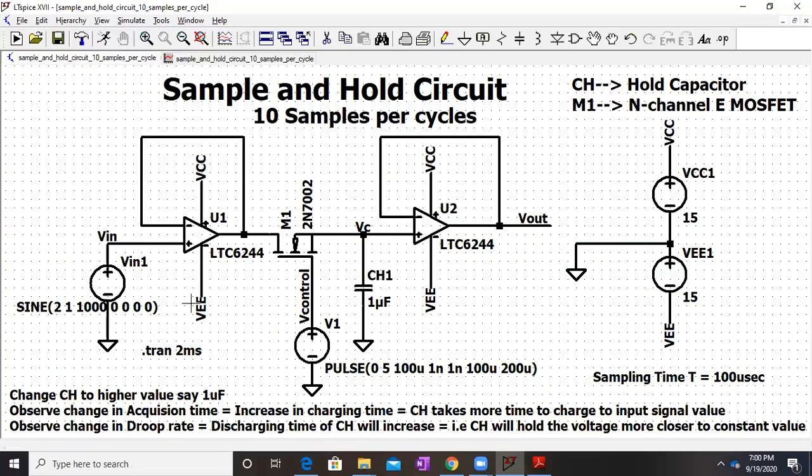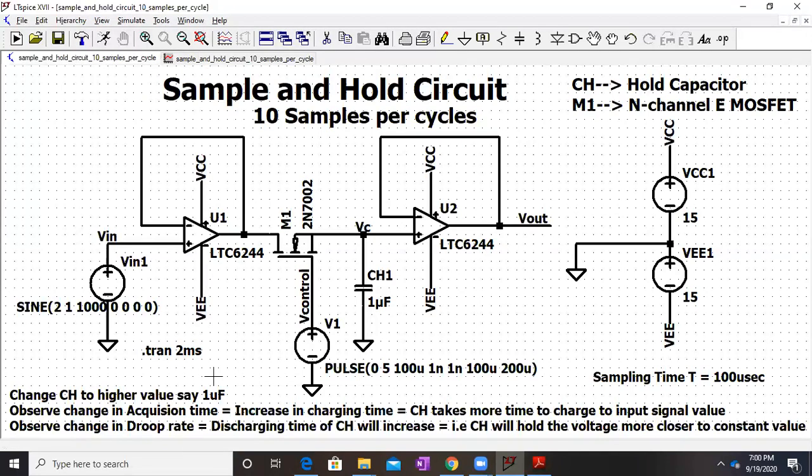So basically, if you increase the value of the hold capacitor, how will the acquisition time change? There will be an increase in the charging time, so the capacitor will take more time. So the acquisition time will slightly increase. In reality, we want to decrease the charging time, so that it takes less time for the capacitor to charge to the input value instantaneously.